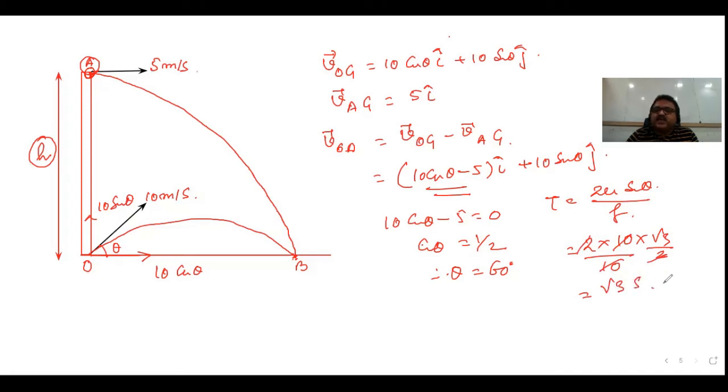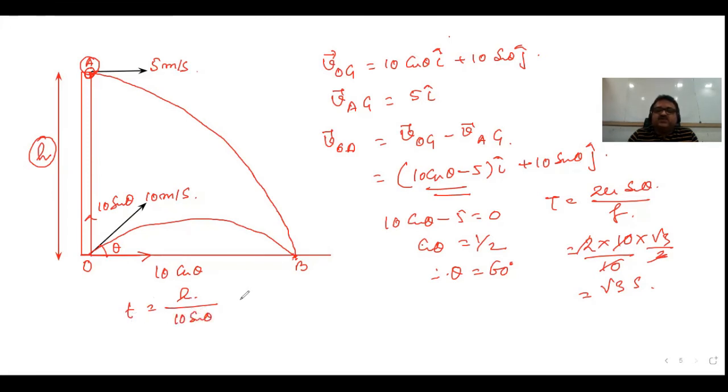seconds. Okay. Now, this is actually the time of collision. So for collision, the component which is responsible is the vertical component. Correct. So what we are doing here, T is equal to H divided by the speed along that direction, that is 10 sine theta.